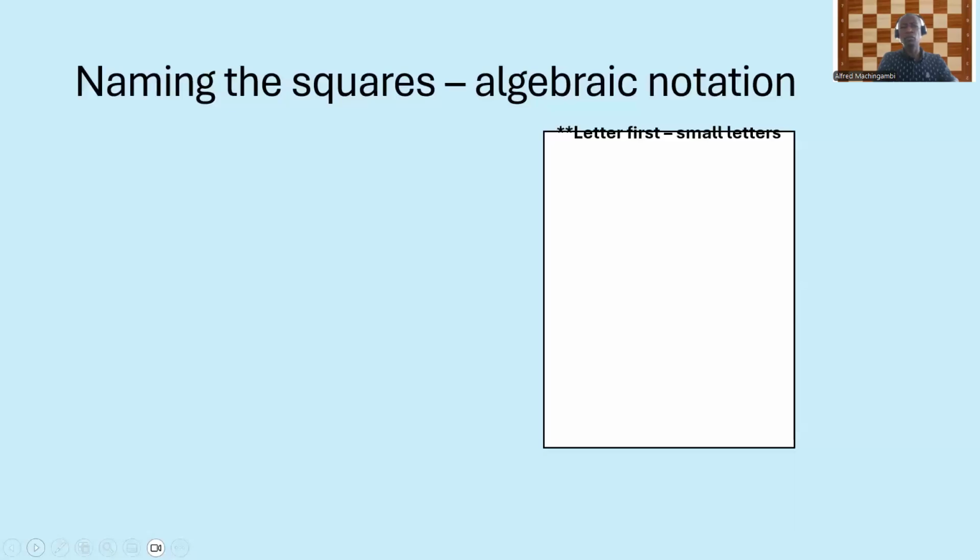Right, let's move on to naming the squares, algebraic notation. This will help us write down the moves as you make a move on the chessboard. And as time goes on, you are also going to introduce the clock. Whenever you're writing down the names of the squares, we start with the letter, a small letter to be specific, then we dive into the number.